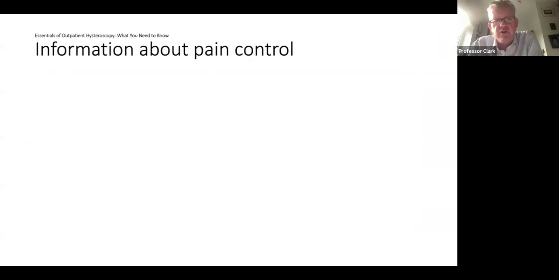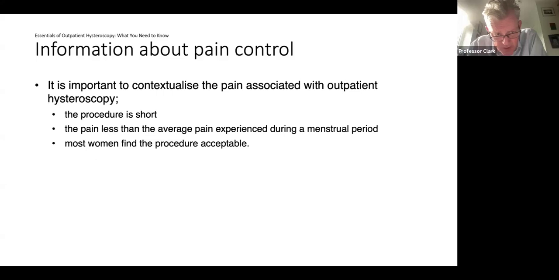In terms of pain control, in later webinars we can probably touch on this in a bit more detail, but the procedure is short. Whilst some women can have pain, with up to a third of women rating their pain at 7 or more out of 10, the average pain score is around 5 out of 10. And of course, the key thing is it's a short-lived procedure.